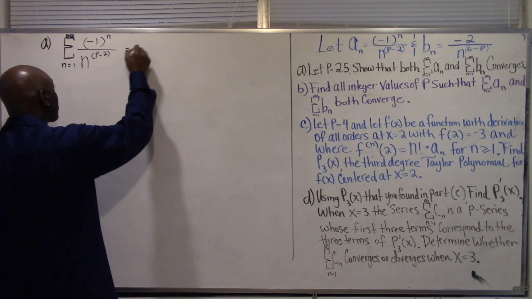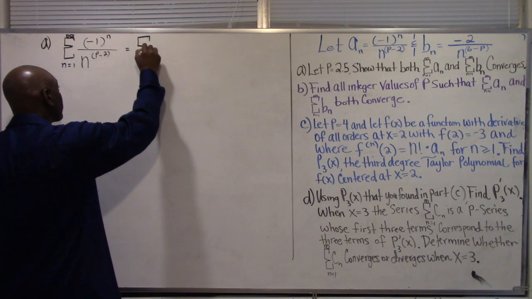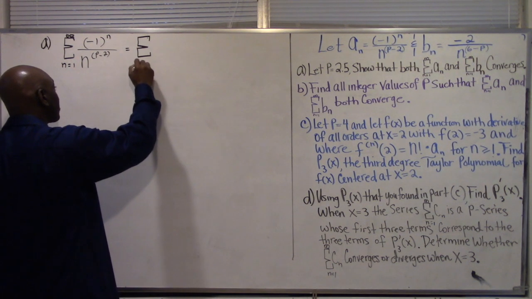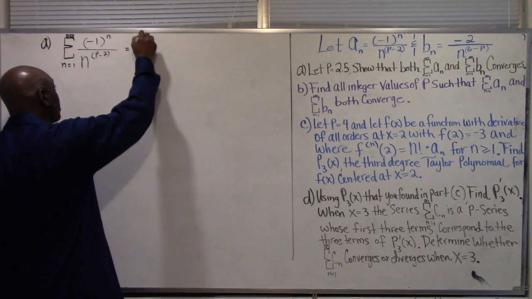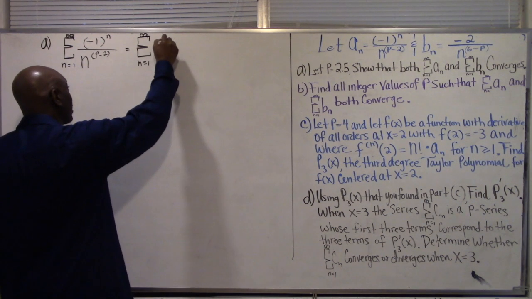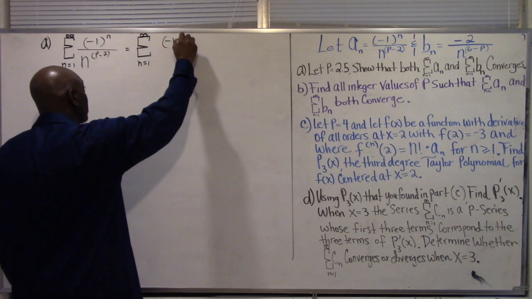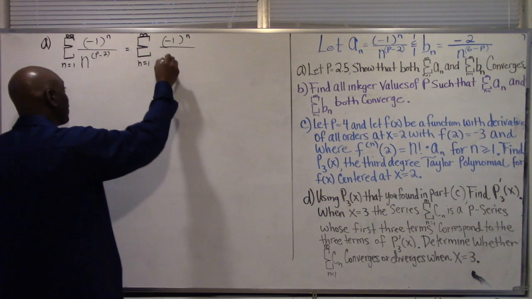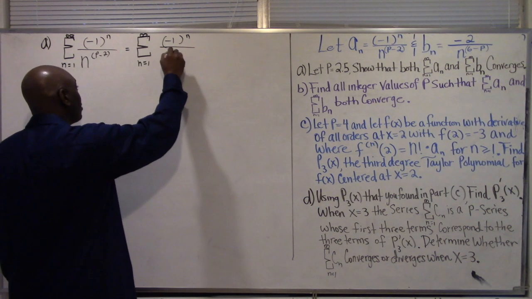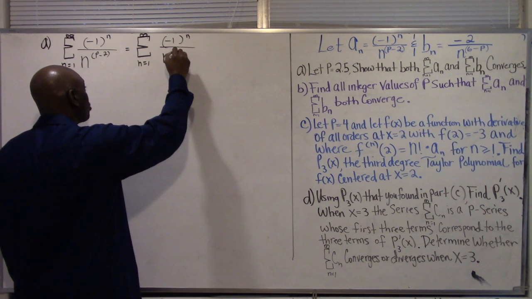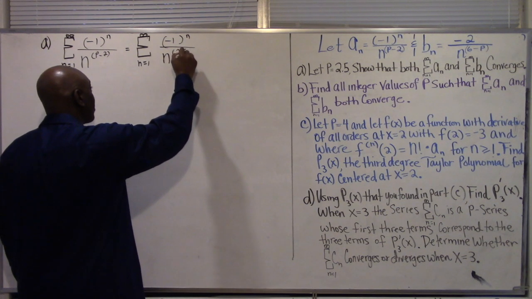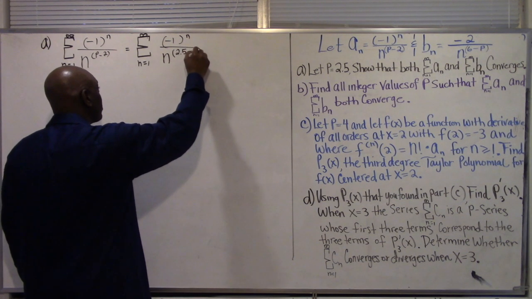All right, so now let p equal 2.5. So now we're going to have a series, rather, not a sequence. We're going to have a series such that we have (-1)^n divided by n to the p, which is 2.5, minus 2.